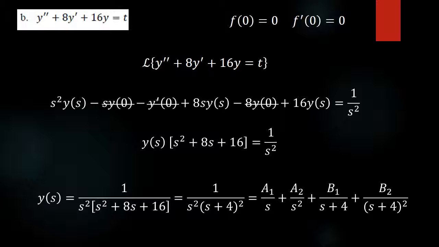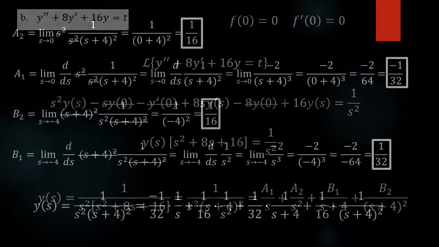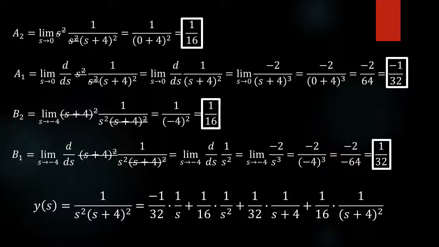And in our partial fraction expansion, we want to know 4 different terms to solve it. The next step is to obtain the values of A1, A2, B1, and B2.